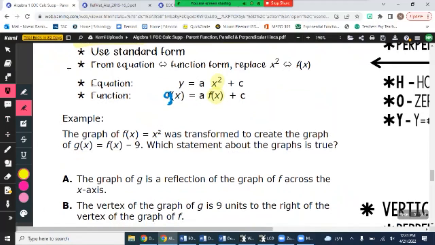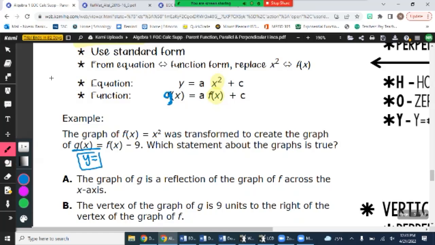It says the graph of f of x is equal to x squared was transformed to create this graph. Okay, we just went over it. G of x is the same as having what in that spot? Y equals. Now I have an equation that's ready to go in y equals. Because this is a quadratic, because you see that little squared, f of x is going to switch back to an x squared, and then bring down that -9.